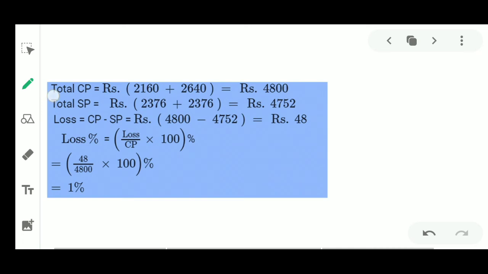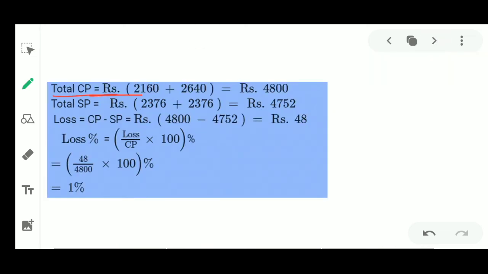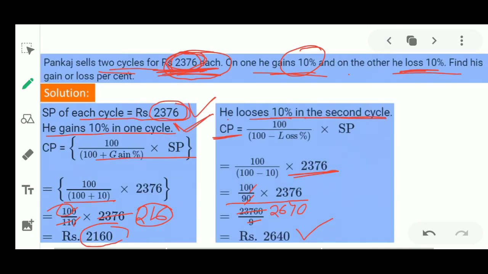Now the total CP. The selling price of one cycle is 2160, and the cost price of another cycle is 2640.